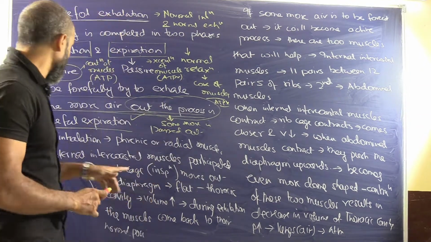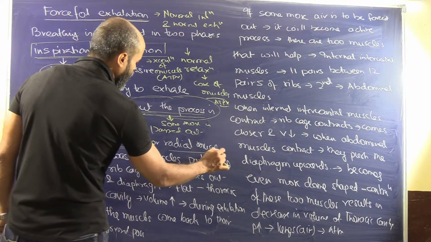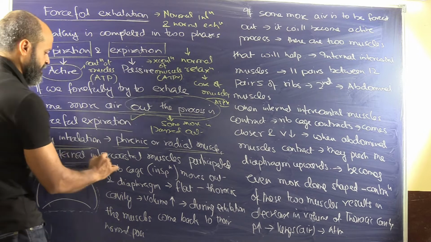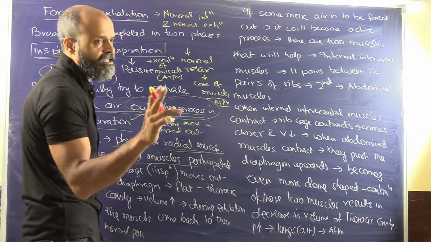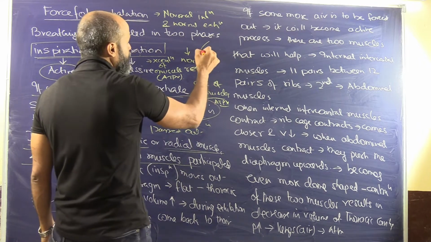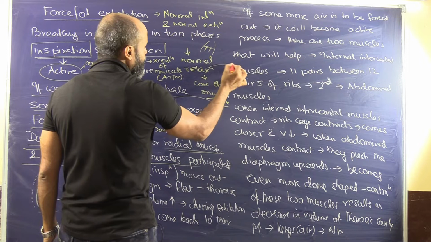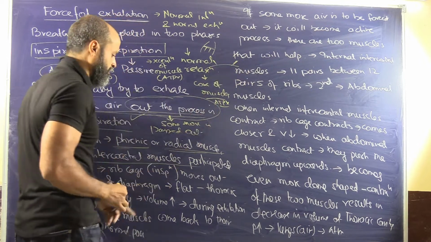During inhalation we know that phrenic or radial muscles and external intercostal muscles are the two muscles which basically participate.